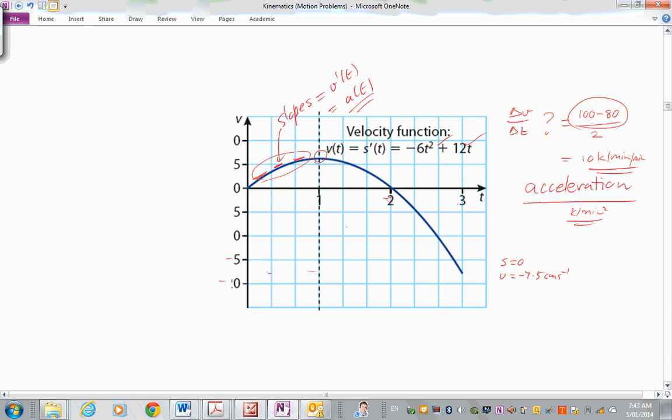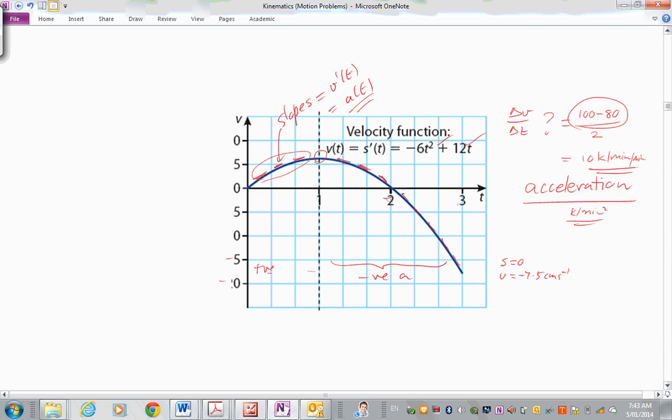But we could talk about how fast the body is accelerating. And then coming down here, the slopes are negative. So the acceleration is negative. Something is pulling the body back. Okay? And then if it keeps doing that, coming down here, more and more negative acceleration, because the slopes of the tangents are negative.